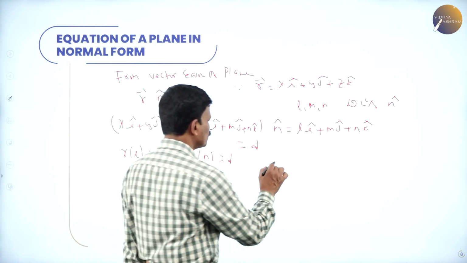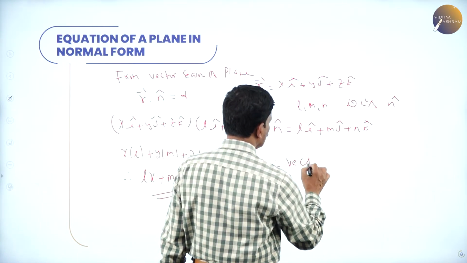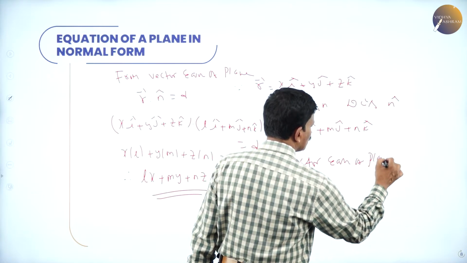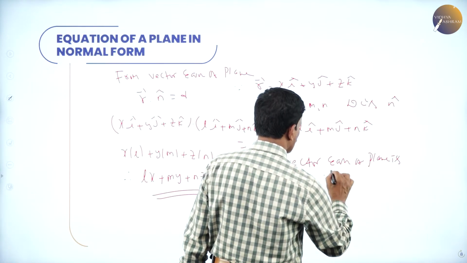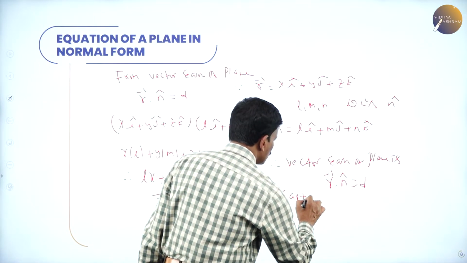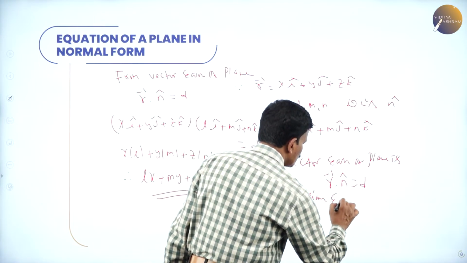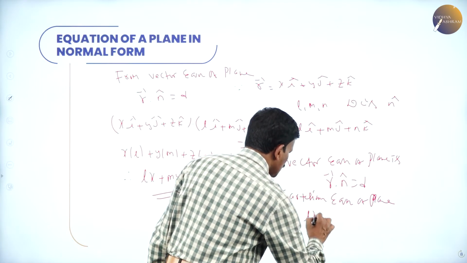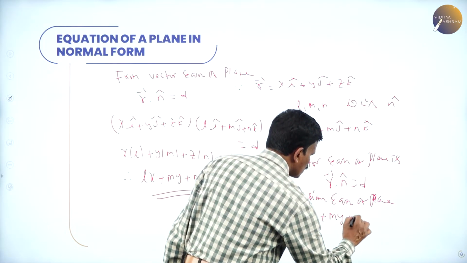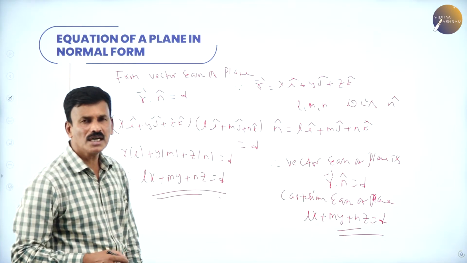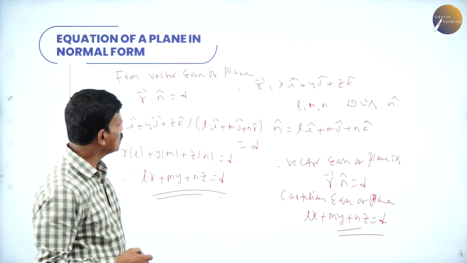So the vector equation of the plane is vector R dot N cap is equal to D. The Cartesian equation of the plane is Lx plus My plus Nz is equal to D. This is the Cartesian and the vector equation of the plane in the normal form.